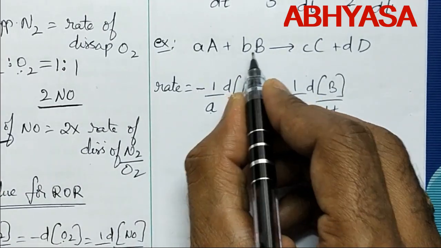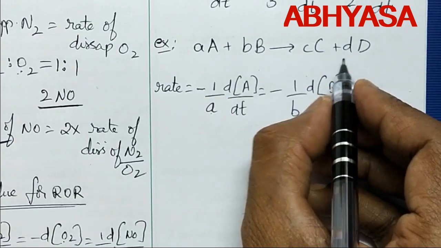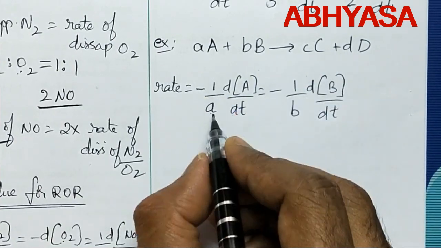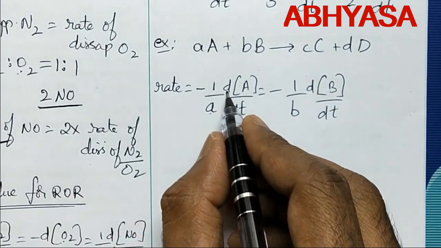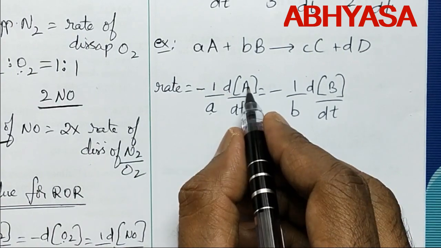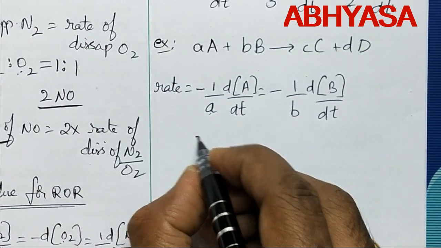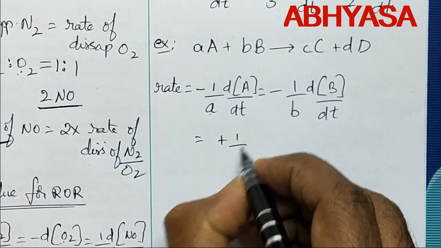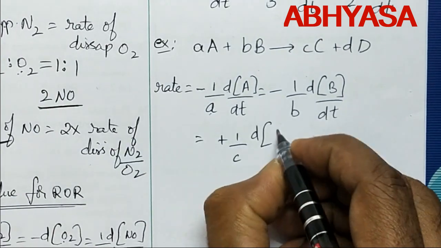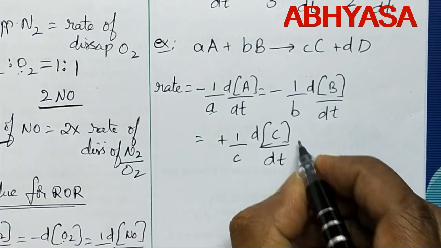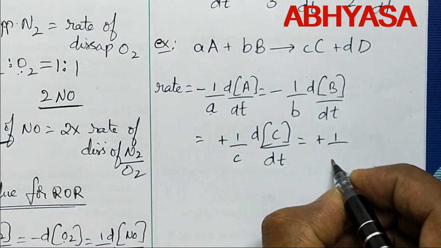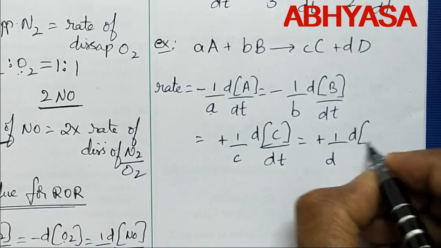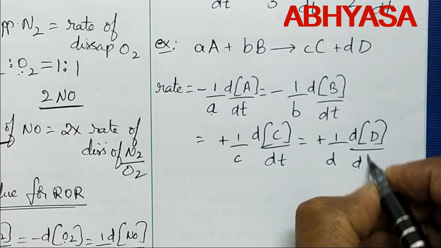So the number of moles present in the balanced chemical equation will become 1 upon number of moles here, and the remaining is nothing but change in concentration upon time, and this is equal to plus 1 upon small c dC by dt, which is equal to plus 1 upon small d dD by dt.